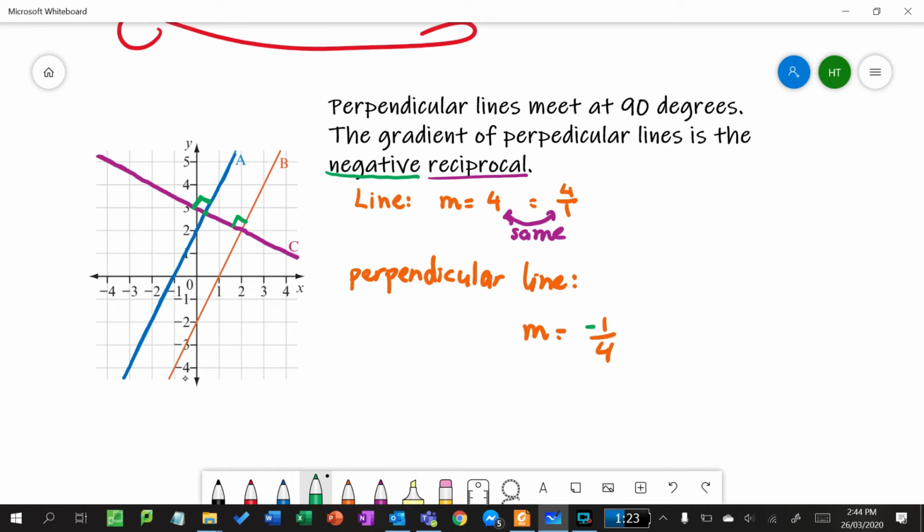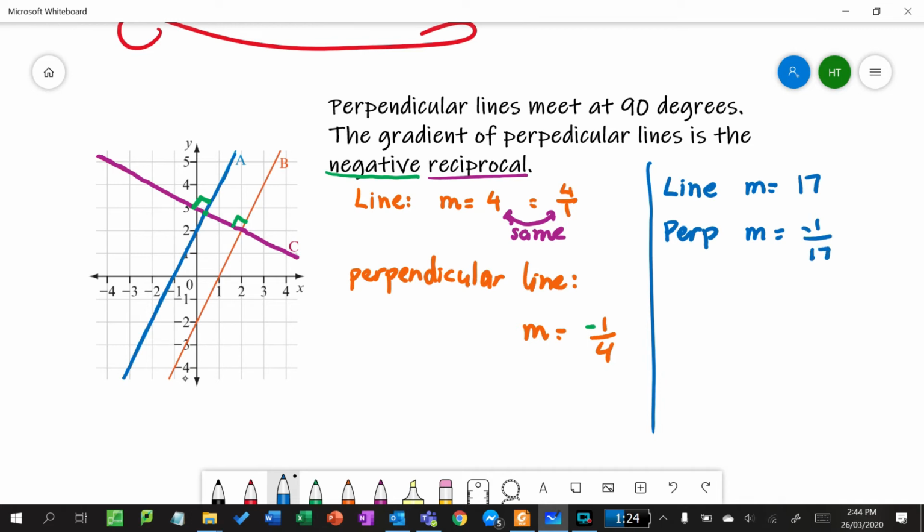Let's try 2 more examples. If I have a line that has the gradient of m equals 17, then the perpendicular gradient would be negative 1 over 17.